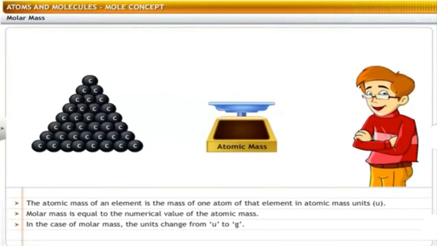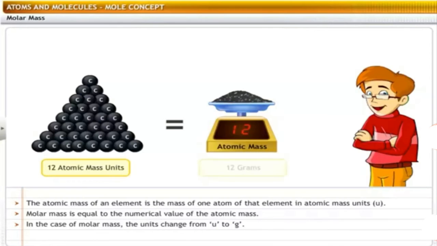In other words, the molar mass of an atom is also known as the gram atomic mass. For example, the atomic mass of carbon equals 12 atomic mass units. So, the gram atomic mass of carbon is equal to 12 grams.